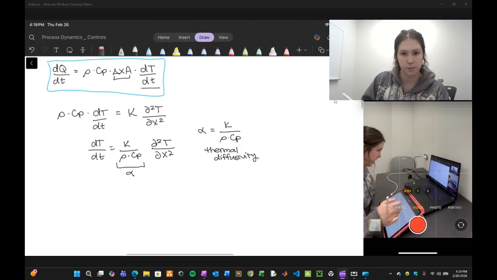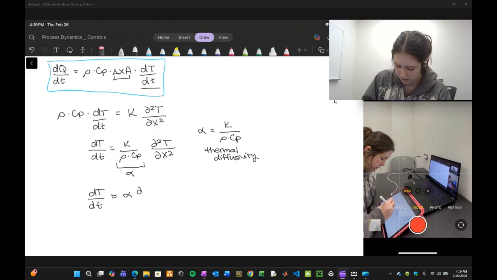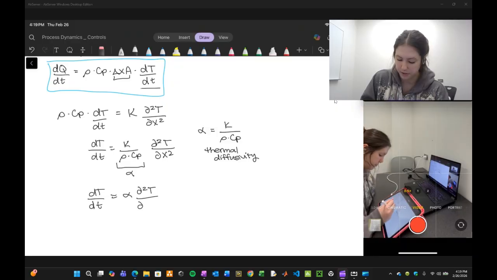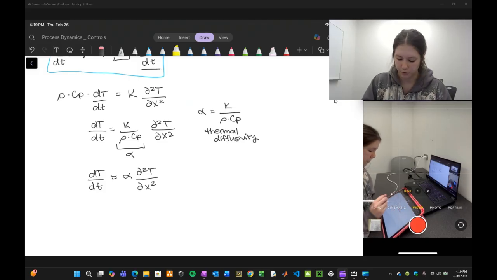So if we rewrite this one more time, we get our change in temperature with respect to time to be equal to alpha times the second derivative of temperature with respect to position. And so this is our heat diffusion equation. So that is step one.